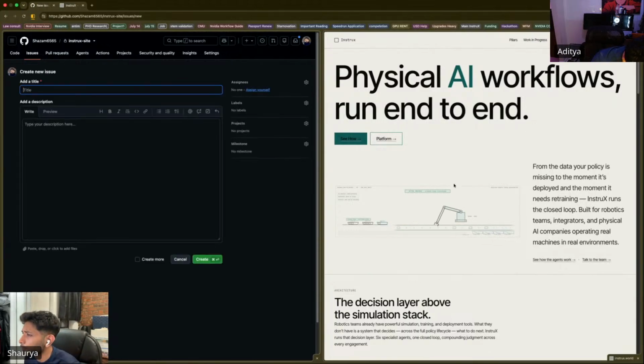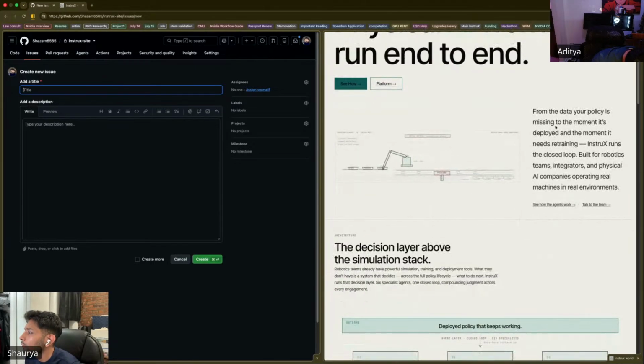All right, physical AI workflows. From the data, your policy is missing to the moment it's deployed, a closed loop integrated dynamically into the AI company operating environment.